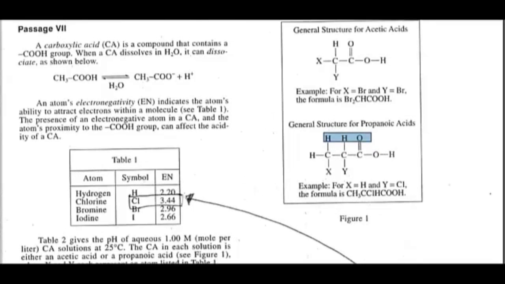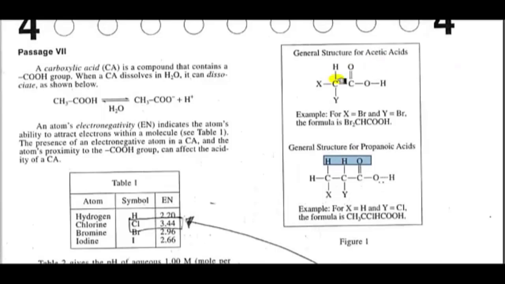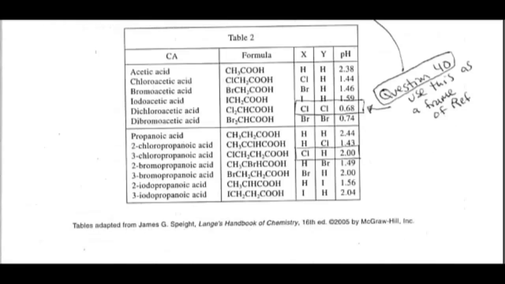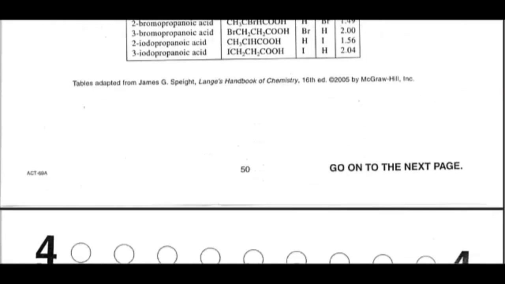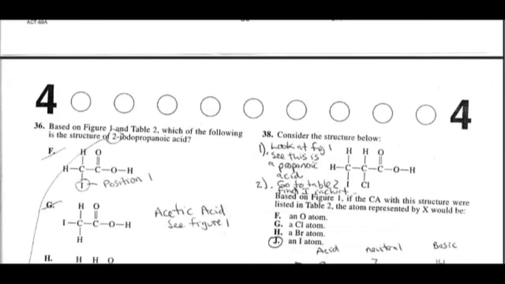That is different than an acetic acid, which has only 1 hydrogen and an oxygen. There's 2 hydrogens here, 1 hydrogen. So really what we're looking for is double hydrogen and an oxygen. Anything other than that, we can cross out. Let's go back down to problem 36 and start looking at the answer choices and crossing stuff out.